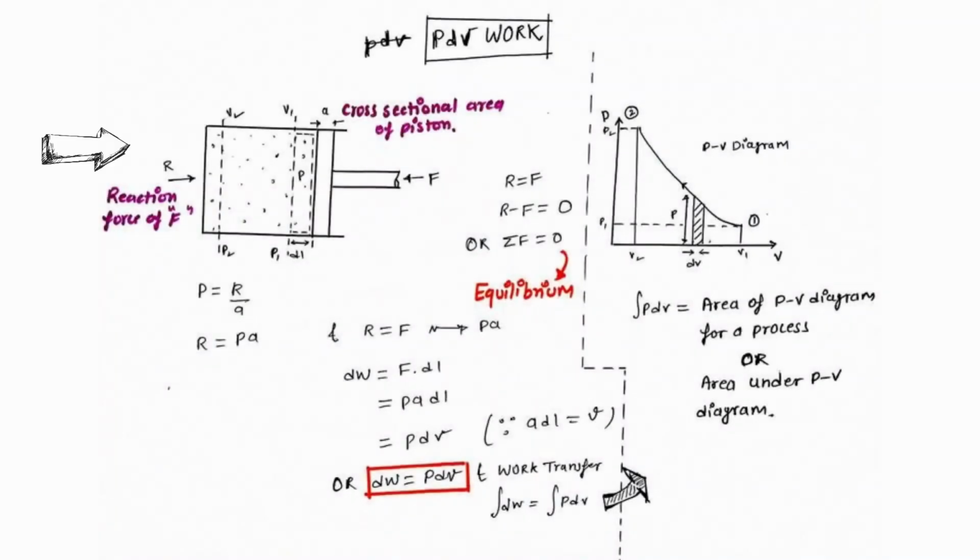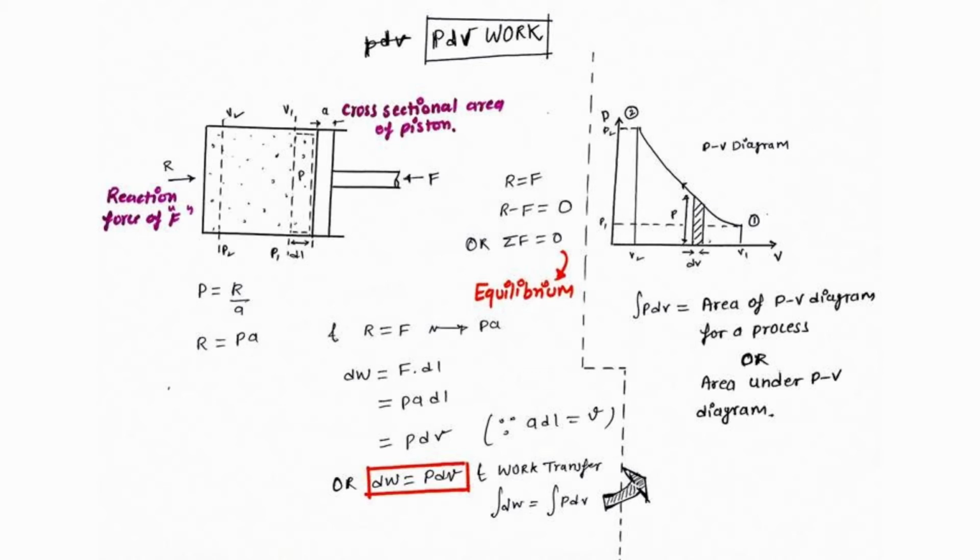Let's assume a piston cylinder arrangement, the same one without any exhaust valve. Let's say we are applying a force F to the piston, and the piston is displaced by a small displacement, say dl. So what will happen? The gas or air particles or anything that is contained inside the cylinder will try to resist this movement.